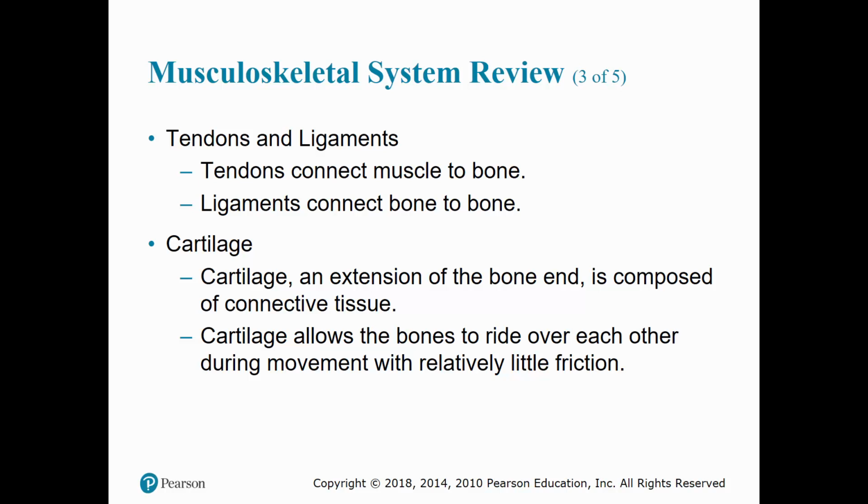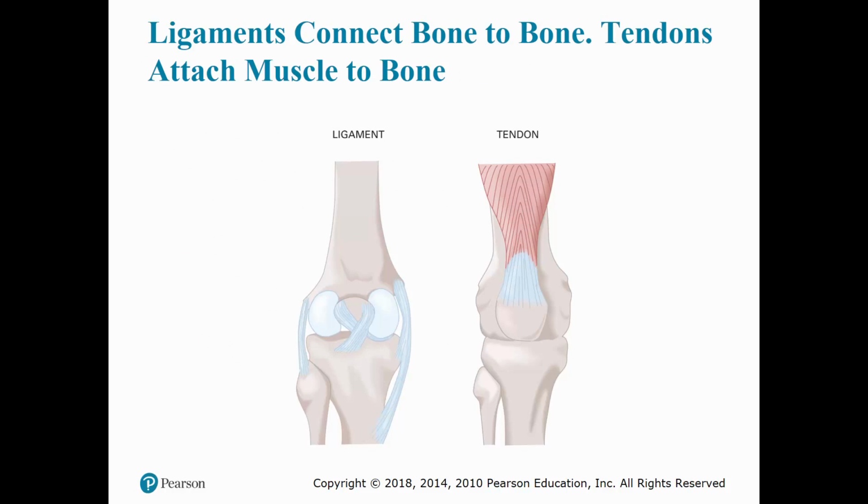Your cartilage can be injured as well, potentially leading to joint pain. As I said, ligaments connect bone to bone, tendons attach muscle to bone. In a sense, this is kind of like a glue that helps hold the body together. If one of them gets torn, stuff comes apart.